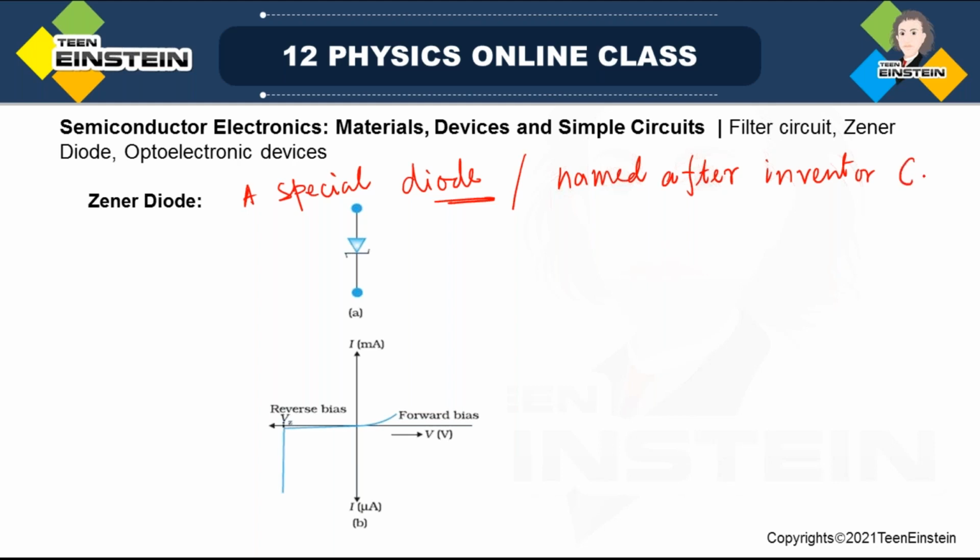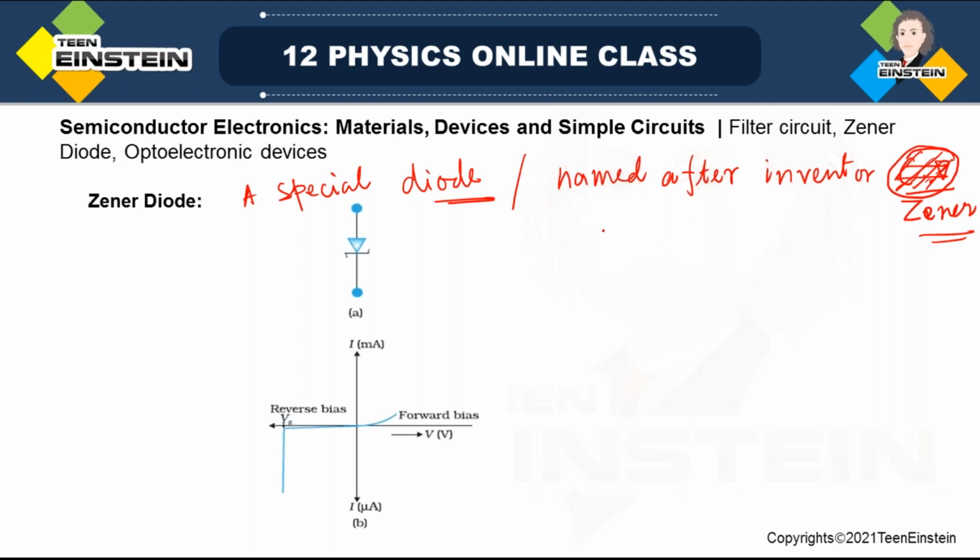I think it is C.V. Zener, I'm not remembering the initials, so let's write Zener. Zener is the inventor of this kind of special diode. So we'll tell you why it is a special diode.